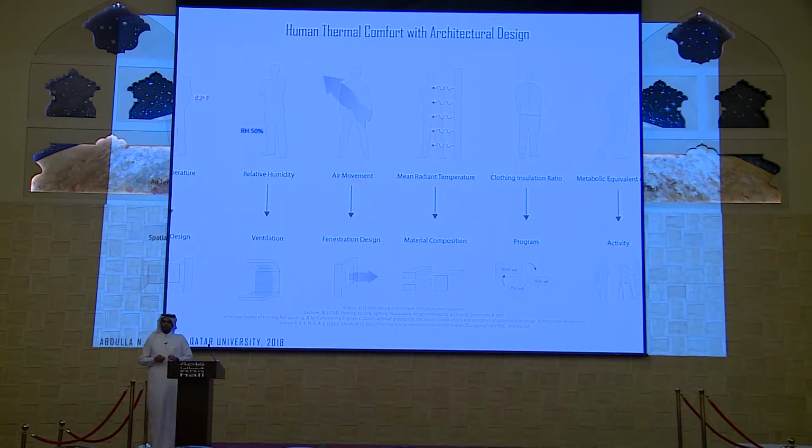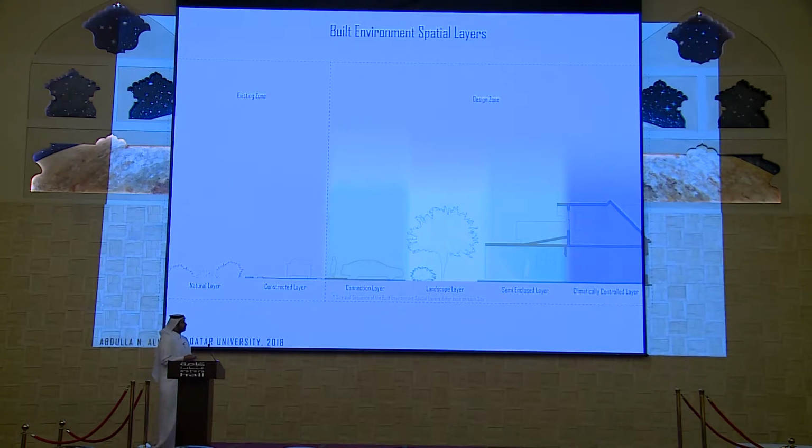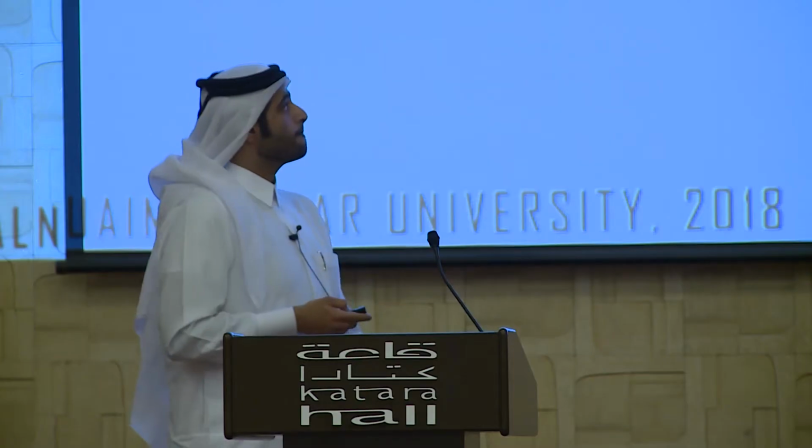What I'm trying to say here is, in terms of achieving human thermal comfort for the users of the building, there are 6 elements that we gauge. These elements listed here can all be influenced in one way or another through architecture. That led to the conclusion that the more matter you are building with, the more possibility there is of achieving human thermal comfort. This diagram represents that.